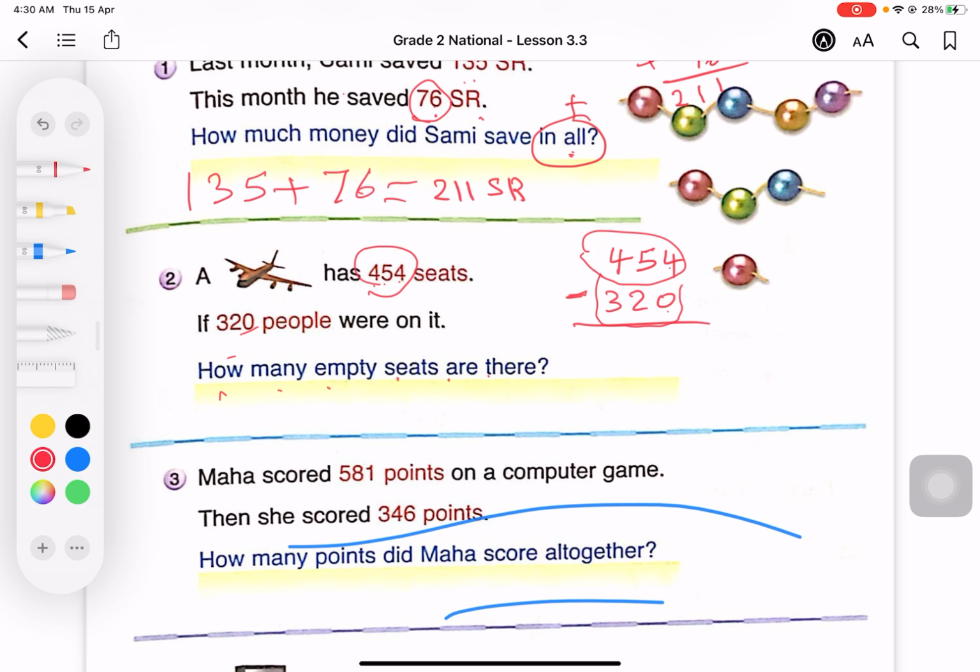4 minus 0, of course, 4. 5 minus 2, the answer is what? 3. 4 minus 3, 1. So I will write here 134, okay? How many seats? 134 seats are empty.